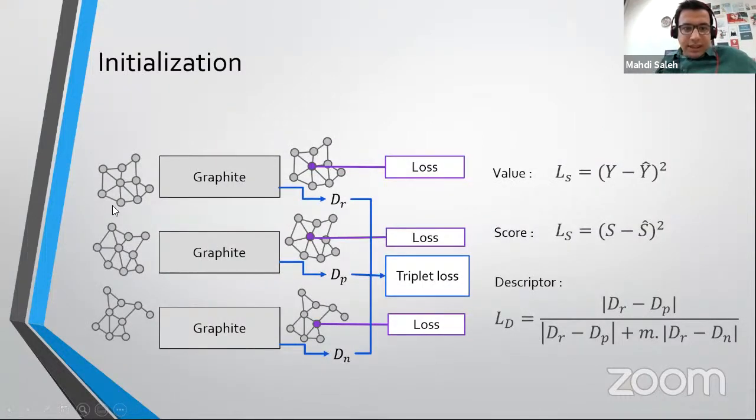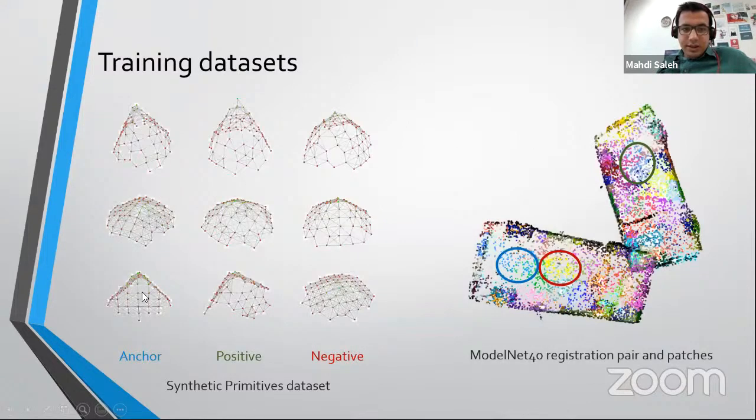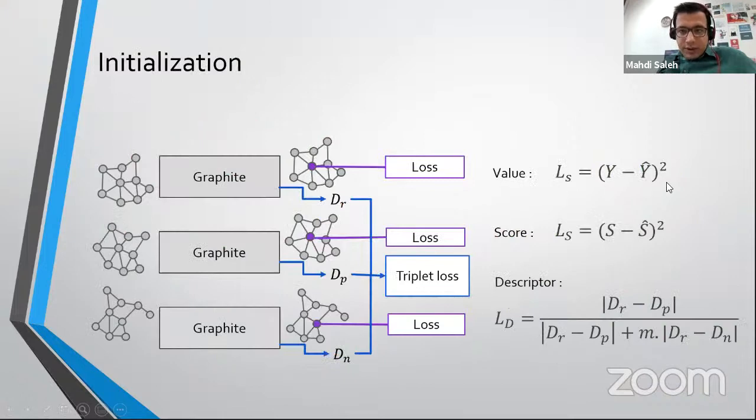For training, we use Siamese, contrastive, or metric learning, where the graphite network describes each patch. It also gives some values, where in the initialization we have supervision. As you'll see here, for initialization we know which points are the key points, so we can supervise them using L2 distance.